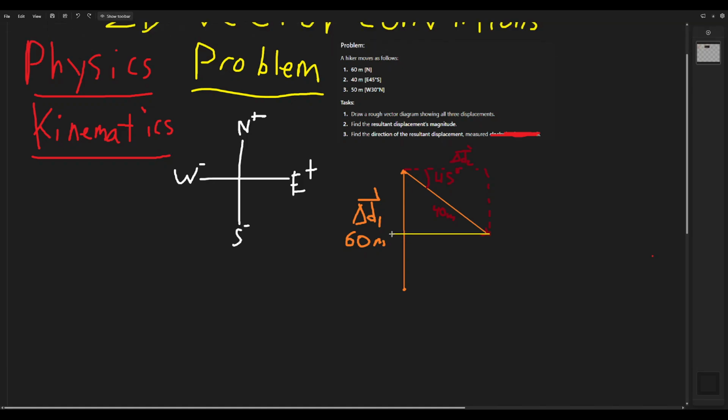So 50 meters, so it's a little shorter than the 60. West, 30 degrees north.